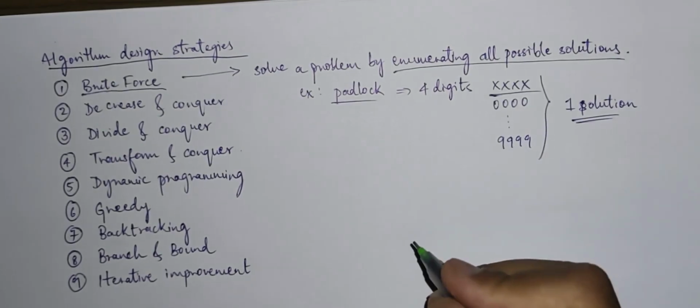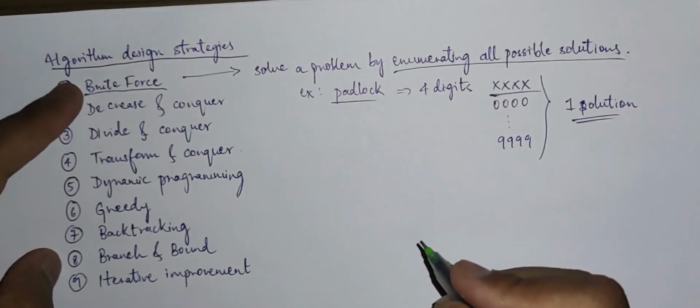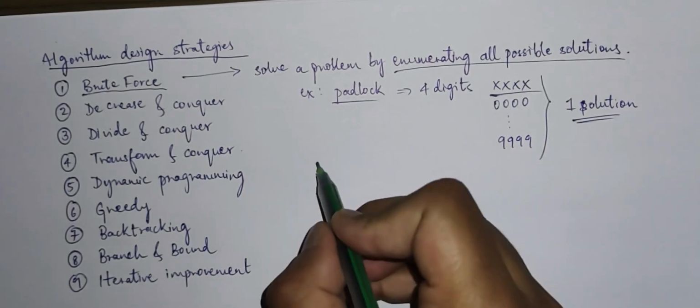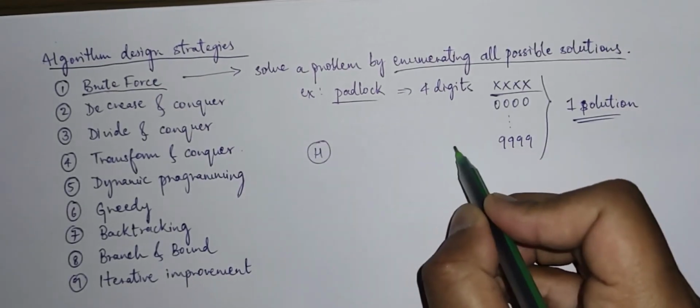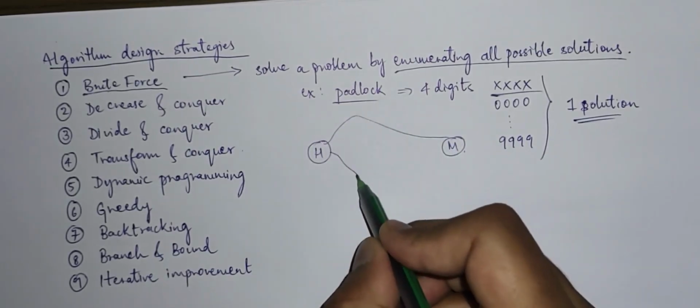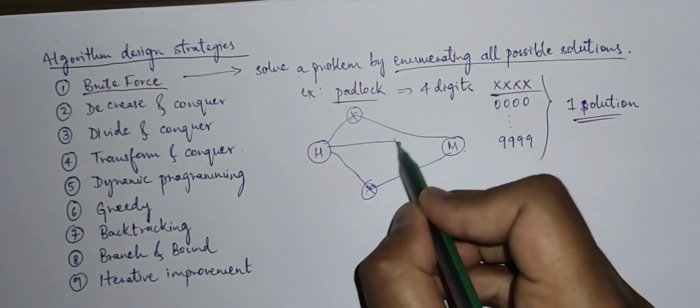Like most of the common daily problems we have, at first you usually come up with a solution which is of the brute force technique. For example, let's say your home is here and there is some nearby marketplace, and there are multiple ways to go to that market.